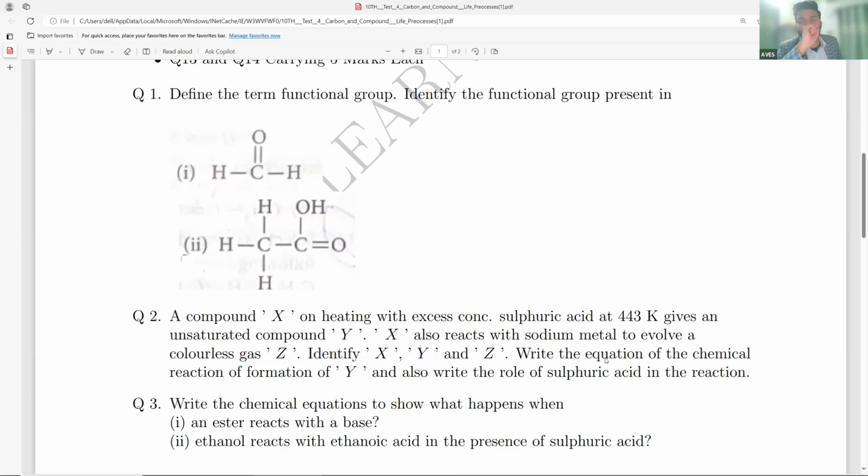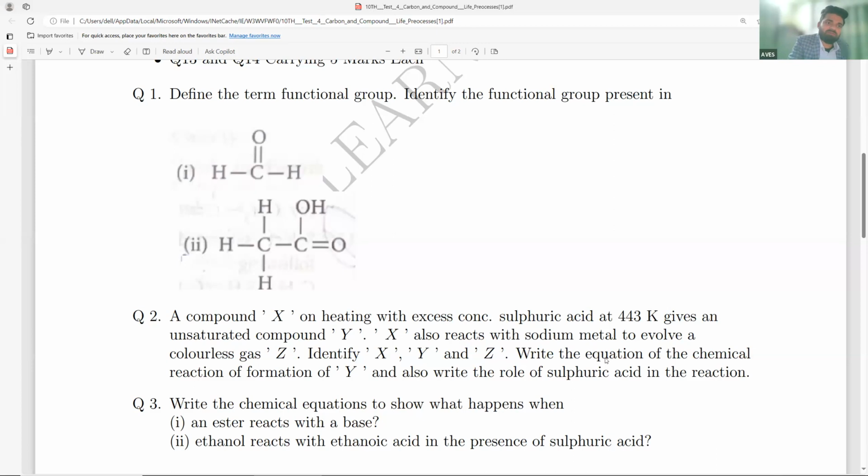Define the term functional group. Do you know the functional group? What is functional group? It is a group of atoms which makes a carbon compound reactive and decides its properties.